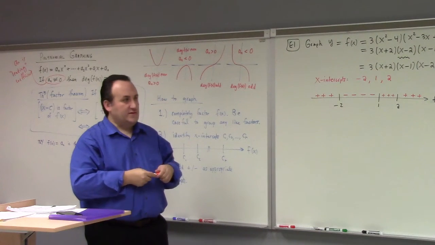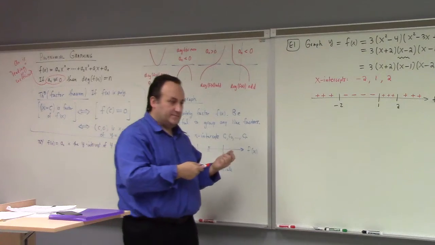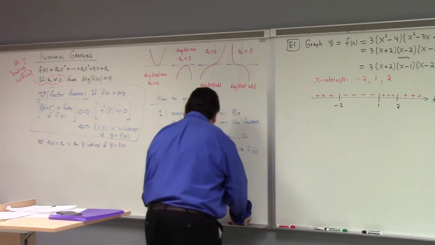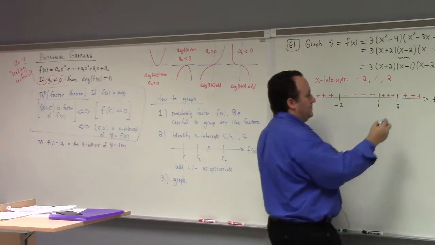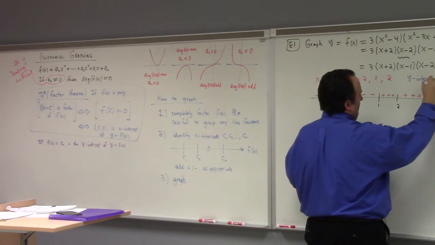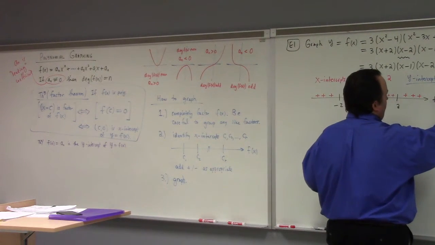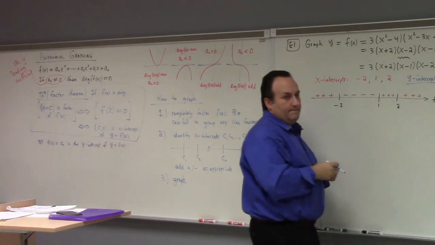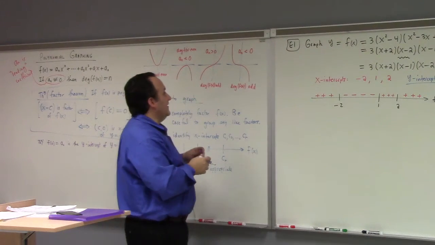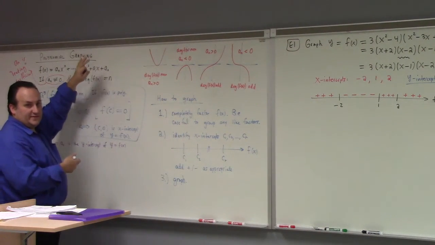Now, of course, you can double check things. What is the y-intercept here? So that's f of 0. What is f of 0 equal to? I can't just read off the a naught like over here, because it's not the standard form.